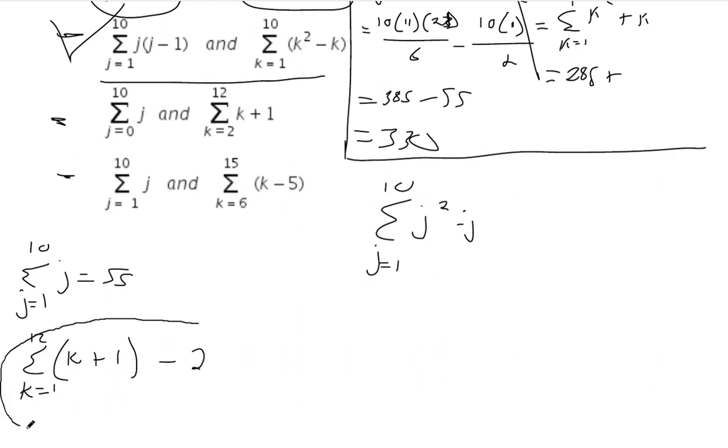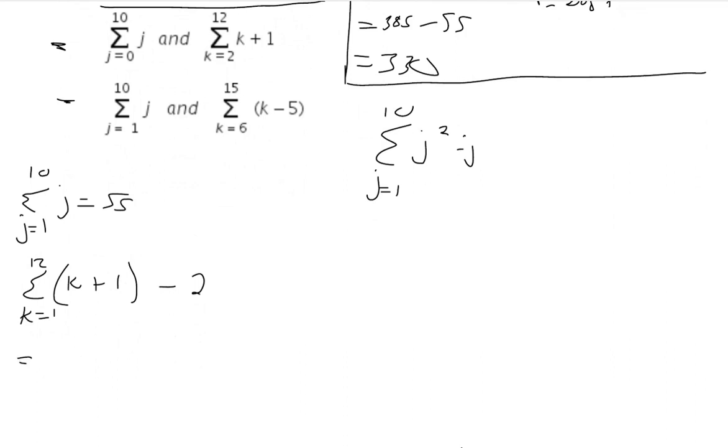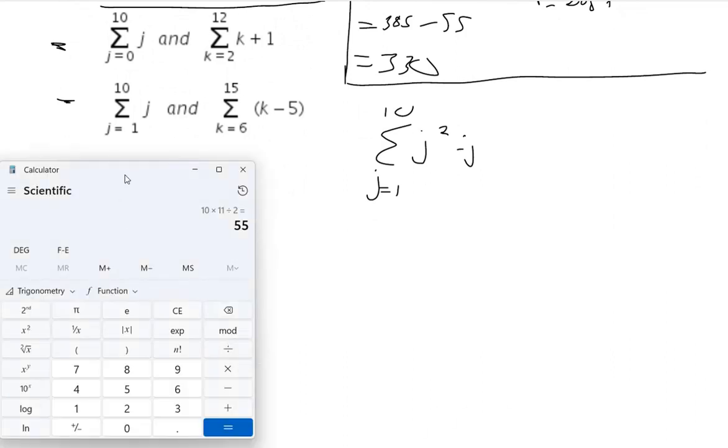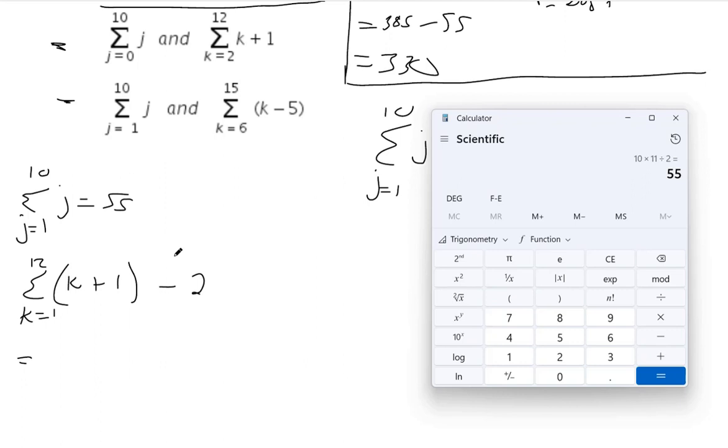So that way, this expression is equal to this expression. We can make it k equals 1, but if they're going to be equivalent, I've got to subtract the k equals 1 term so that it actually is starting at k equals 2. So I've rewritten it so that these two are equivalent. Now I can compute the summation. This first one, sum from k equals 1 to 12 of k, that's 12 times 13 divided by 2, so that's 78.